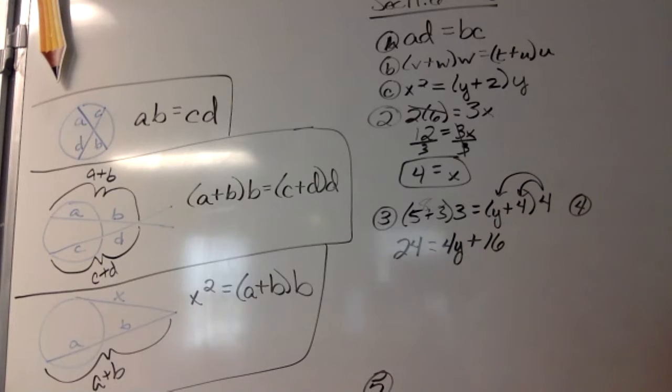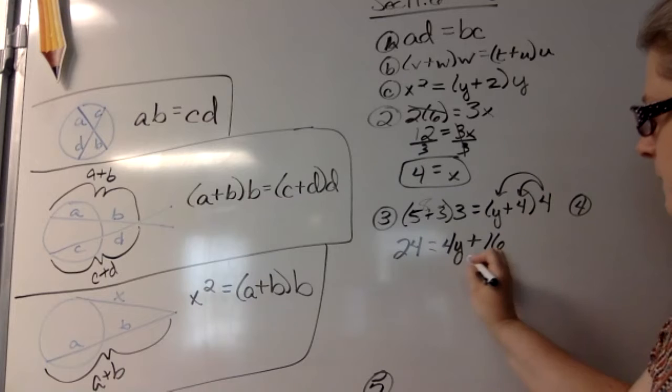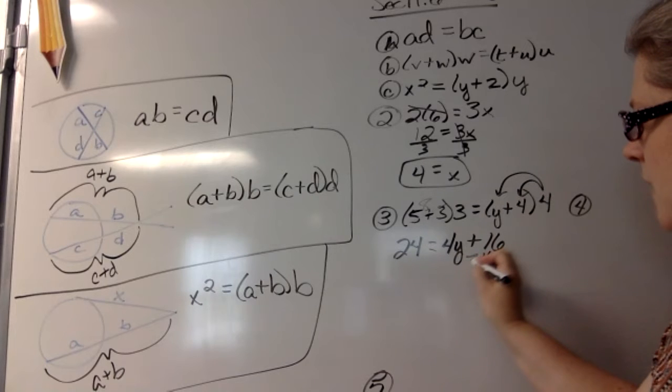Now, anytime we have an equation, our goal is to get the variable by itself. So I'm focused on getting y by itself, so I have to get the y term by itself. To get the y term by itself, I have to get rid of the plus 16 first. You do the inverse or opposite operation, so I subtract 16.